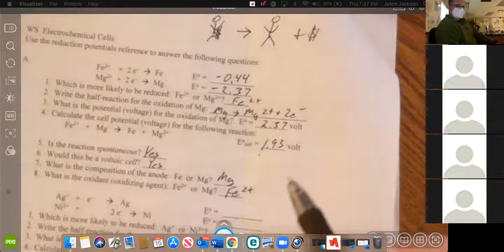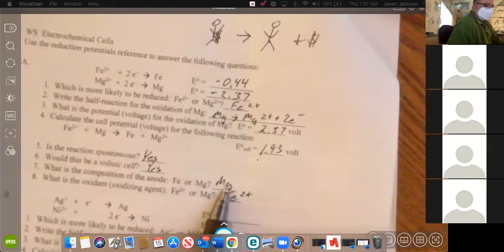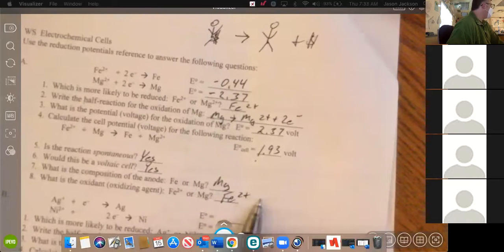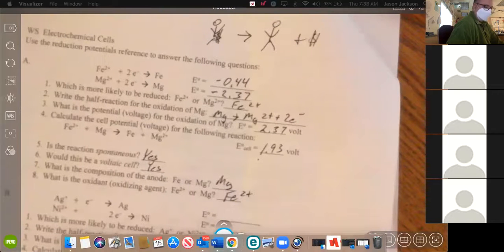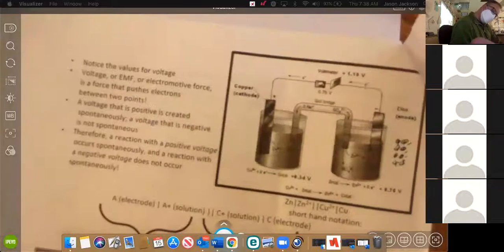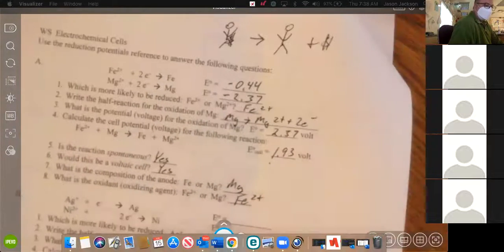So if we take a look, the solid metal is most likely to be oxidized, and the metallic ions would be the ones gaining electrons because they have that charge, right? So they're going to be the ones gaining the electrons.